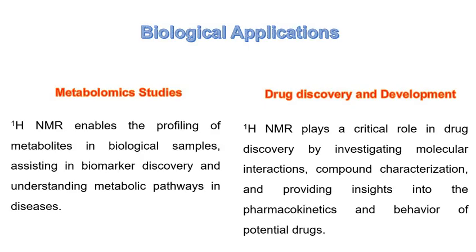Chemical shifts help to identify metabolites based on known reference spectra. Multivariate analysis is used to interpret complex NMR data. It aids in biomarker discovery, disease diagnosis, and metabolic pathway analysis. So it enables the profiling of metabolites in biological samples, assisting in biomarker discovery and understanding metabolic pathways in diseases.